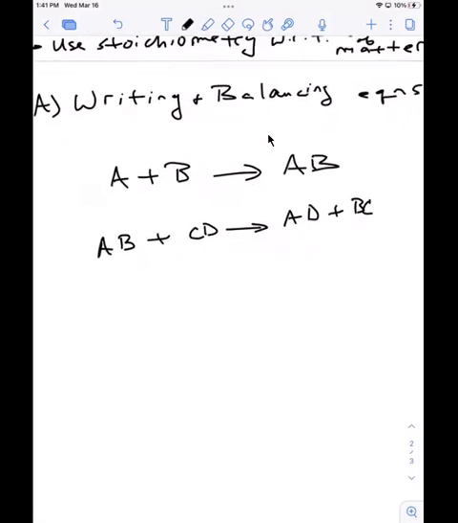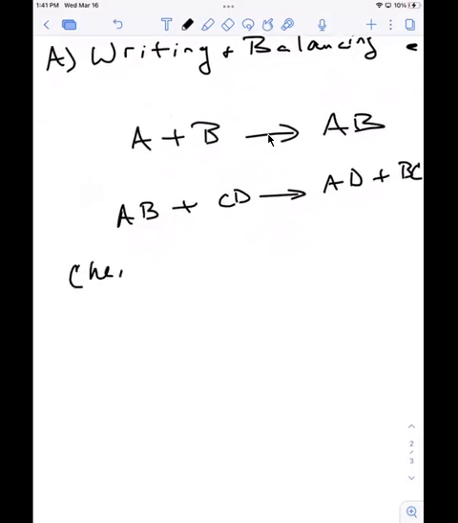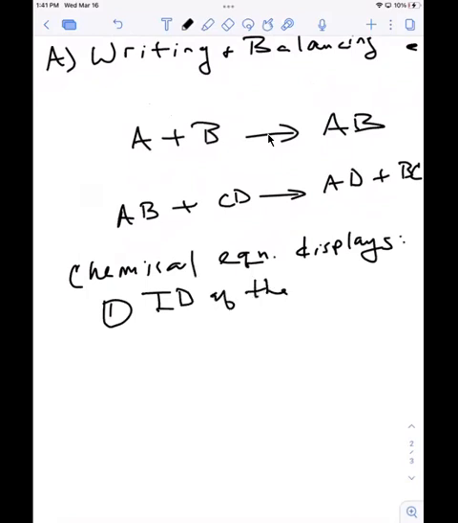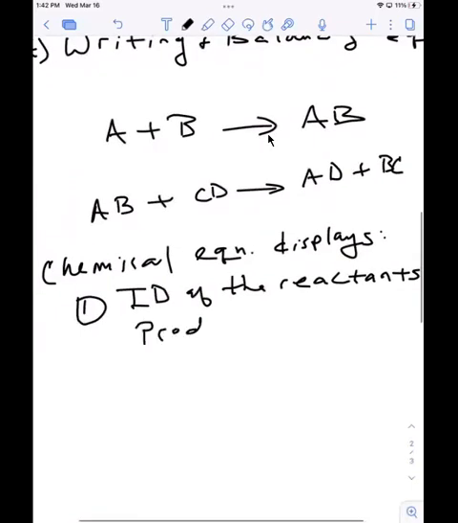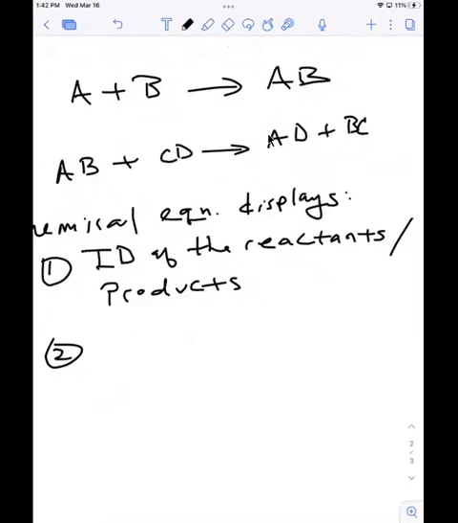It displays two things about what's happening. A chemical equation, the first thing it's going to display is the identity of the reactants and the products. The second thing it's going to display is the relative amounts of each substance.